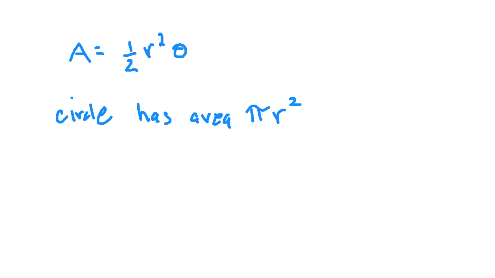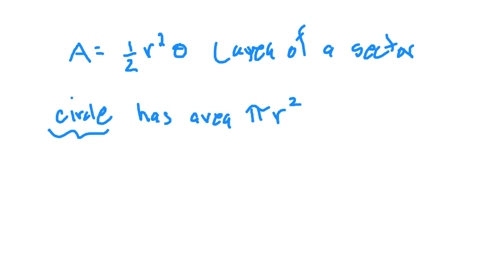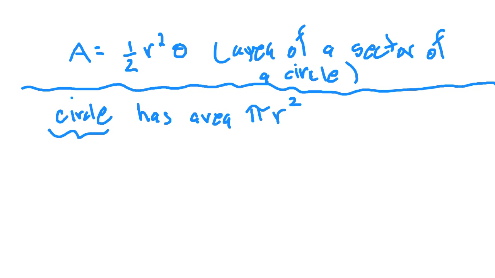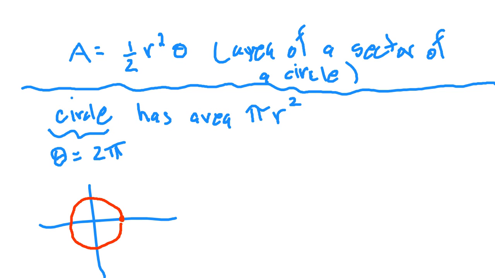The formula above is the area of a sector of a circle. A full circle has an area of pi r squared, but a full circle has angle 2 pi, because to complete the circle you go 360 degrees from start to finish.